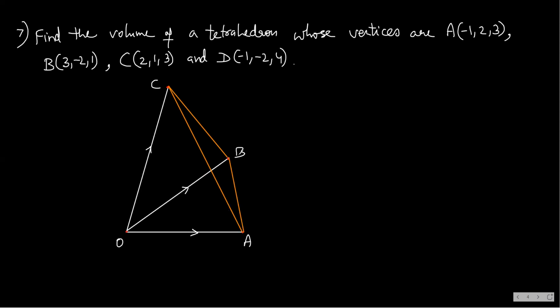Are they giving us OA bar, OB bar, OC bar? No, they haven't given us that. So what are they giving? Instead of O, let me write here D. They have given us this D. So in order to find the volume, I'll have to find these three vectors: DA bar, DB bar, and DC bar.